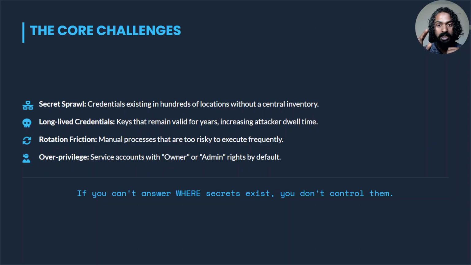We spoke about this in a different episode, you can refer to that. And also the last thing is no clear ownership of these particular credentials or secrets. If you cannot answer where your secrets exist and how they are managed, you don't actually control access, right? You don't control that at all. It's in control of someone whom you don't know.